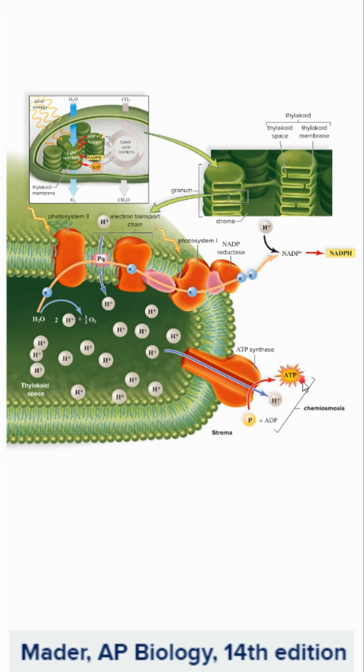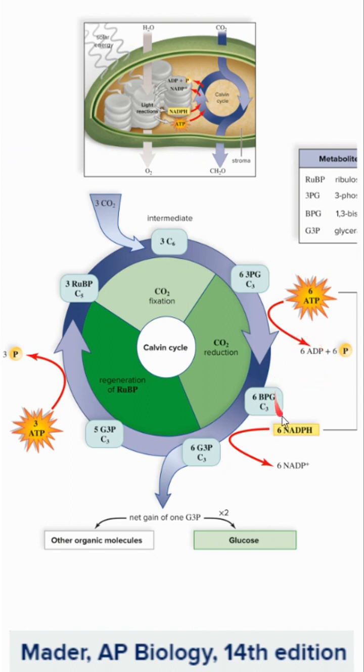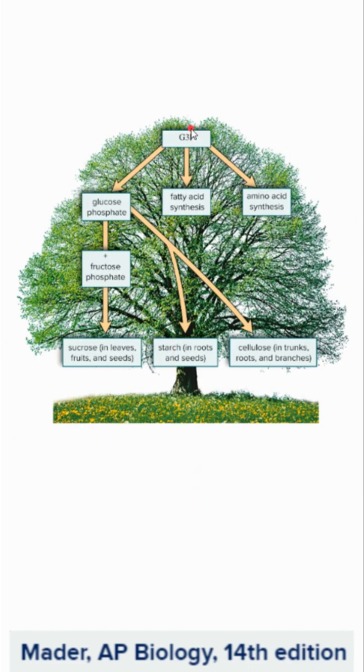The energy from ATP and NADPH will be put into carbon dioxide, and ultimately in the Calvin cycle, carbon dioxide is converted into G3P. And G3P is the precursor to fatty acids. It's the precursor to amino acids, and usually we think about photosynthesis creating glucose.